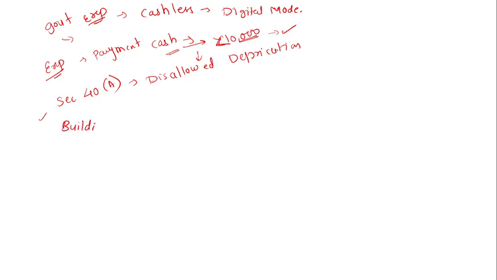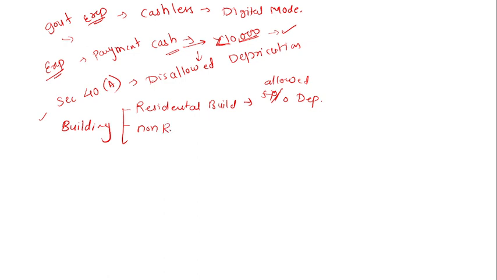In case of a non-residential building, for office, for factory, or for the godown, it will be 10% depreciation.